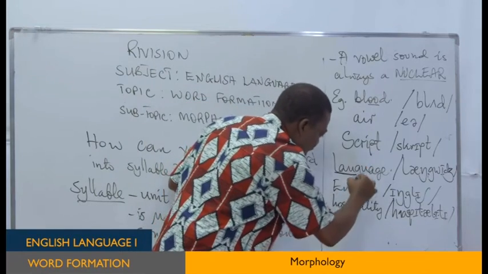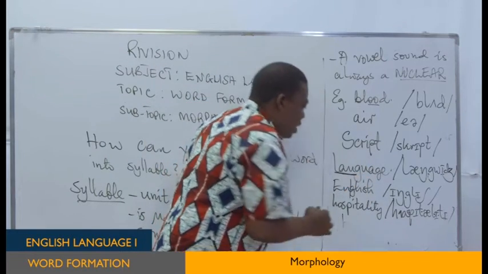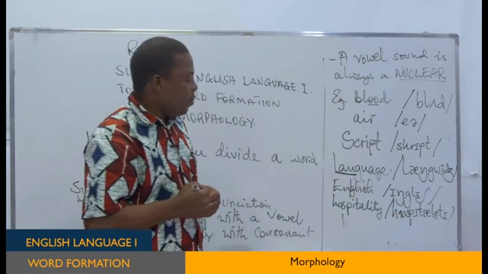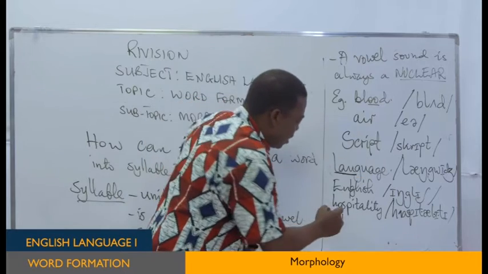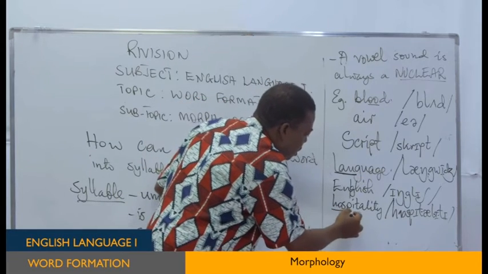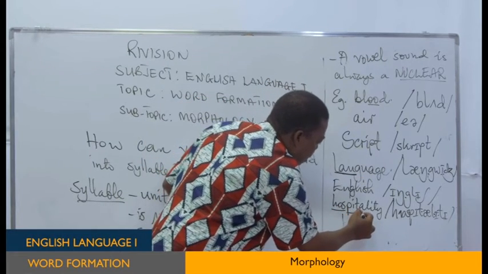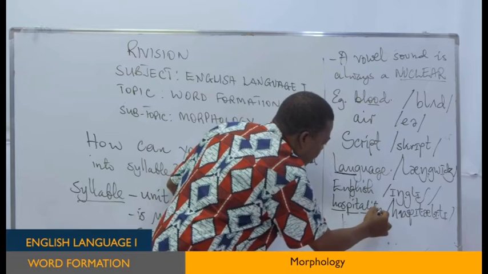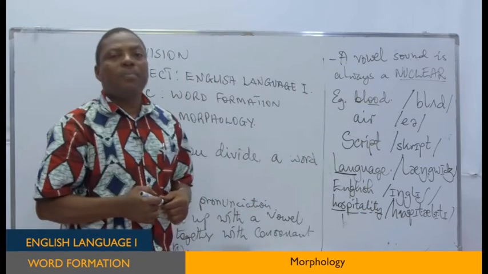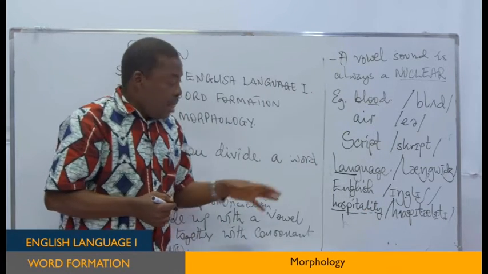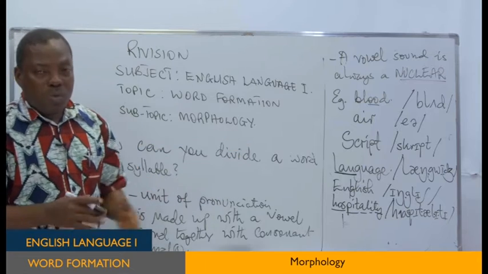English. English. The first syllable is this one. Hospitality. Then you have hos, pit, al, e, t. That is how it goes.